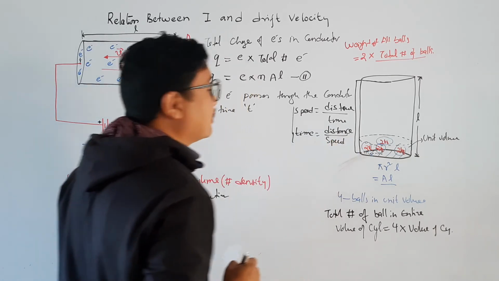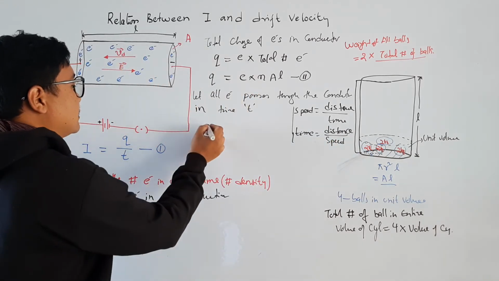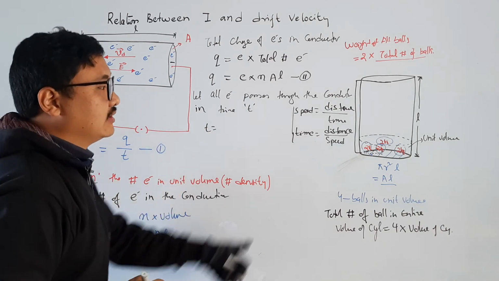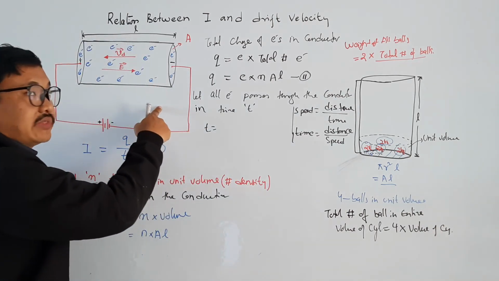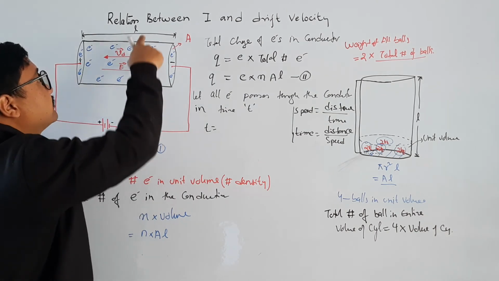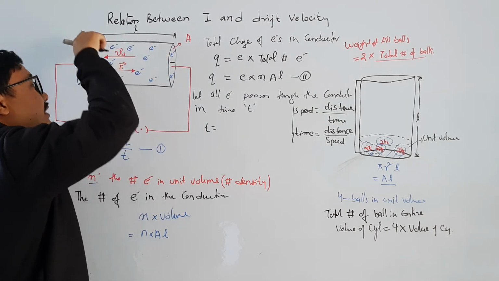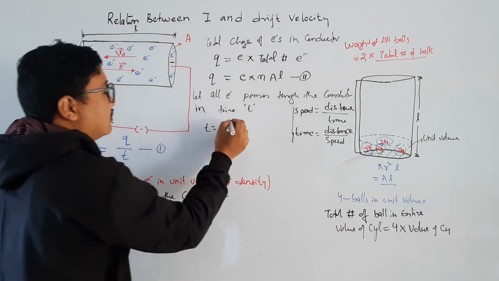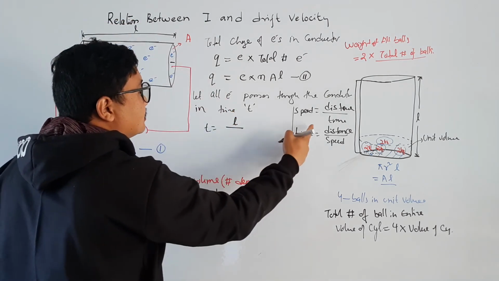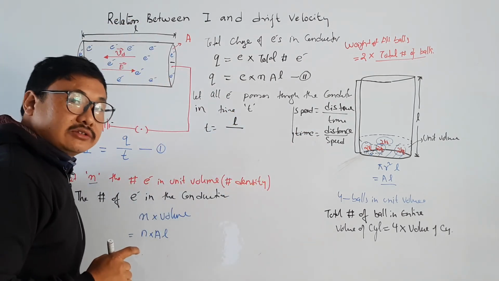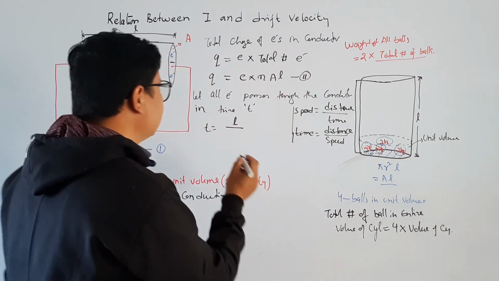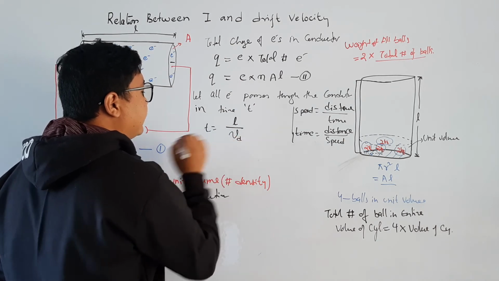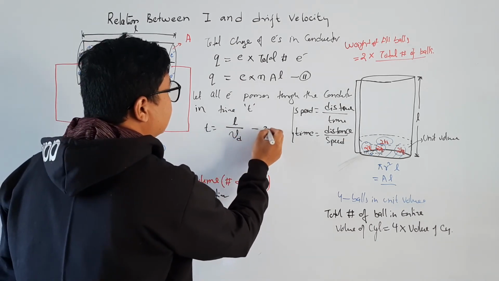The distance is the length of the conductor, because the electrons have to pass through the length. So this will be L divided by speed. The electrons are moving with the drift velocity, so I will write V d over here, and this is equation number 3.